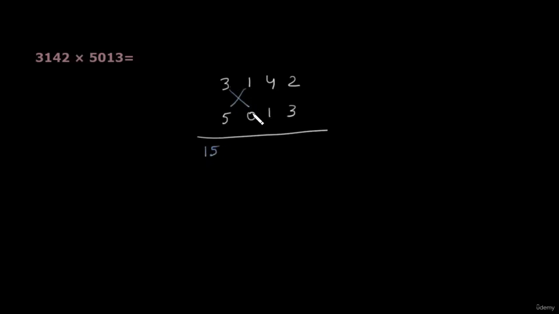Then crosswise 3 times 0 is 0. 1 times 5 is 5. 5 plus 0 is 5. 3 times 1 is 3, 4 times 5 is 20, and 1 times 0 is 0. 3 plus 20 plus 0, 23. 3 times 3 is 9, 5 times 2 is 10, 1 times 1 is 1, and 4 times 0 is 0. So 9 plus 10, 19, plus 1, 20, plus 0, 20.